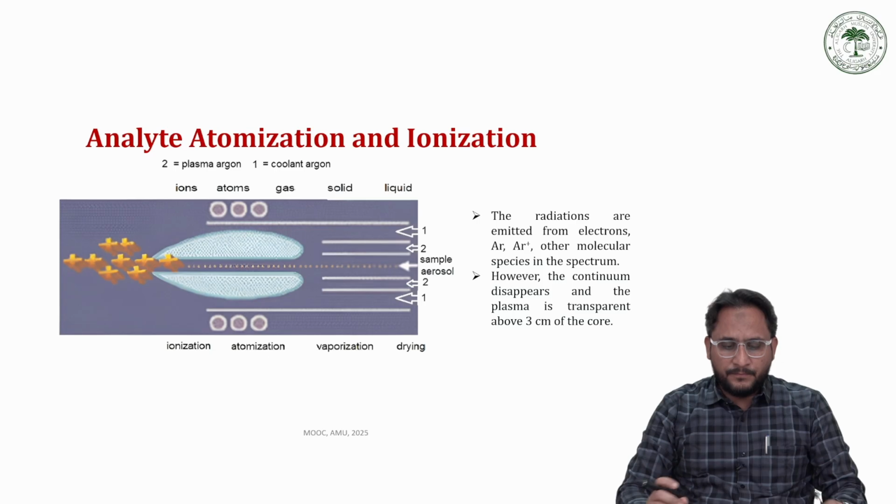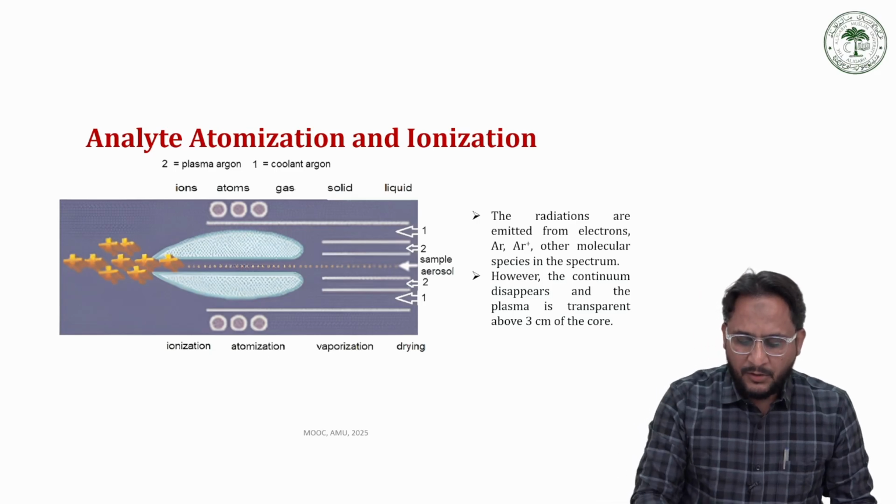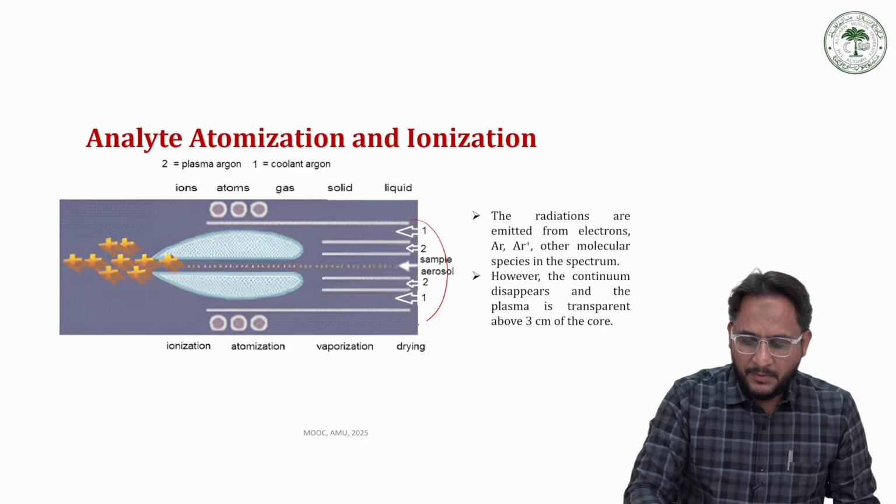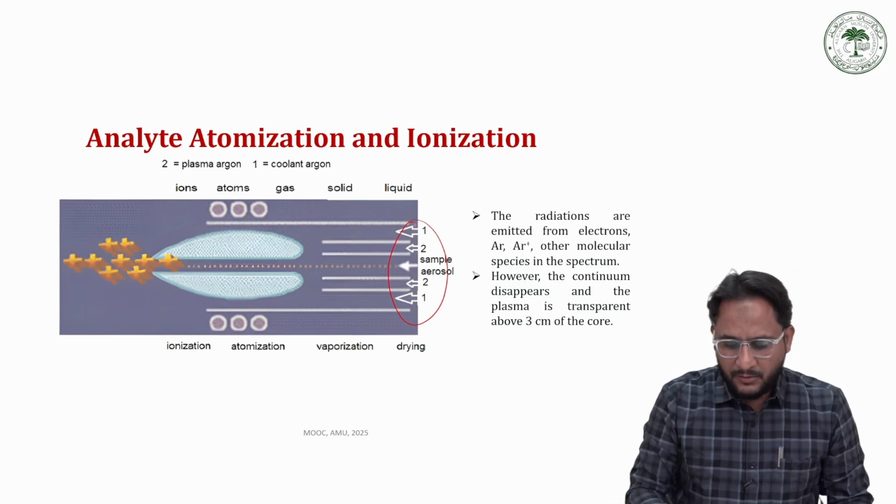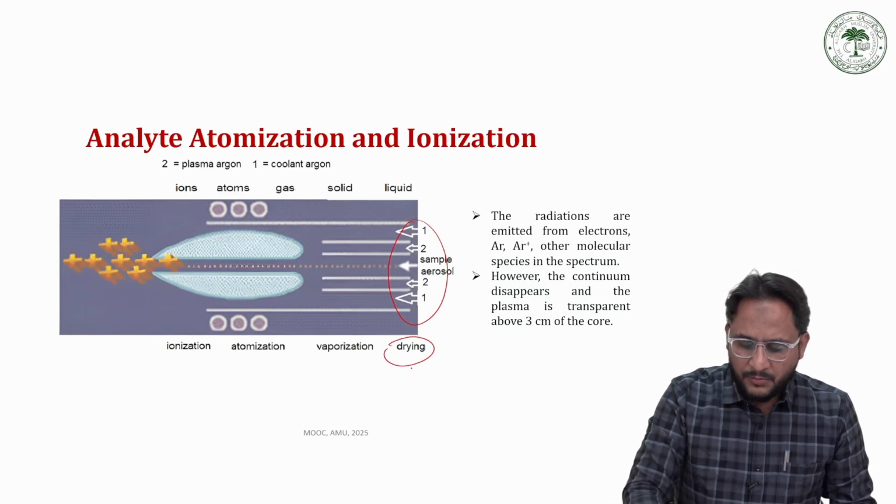Here you can see, first of all, when the sample enters the plasma, it is injected in the form of aerosol. First we have drying, which means removal of solvent.